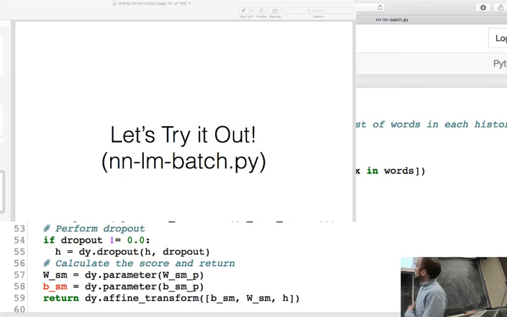So our input for this is a list of histories. So let's say we have a sentence, "He ate it."